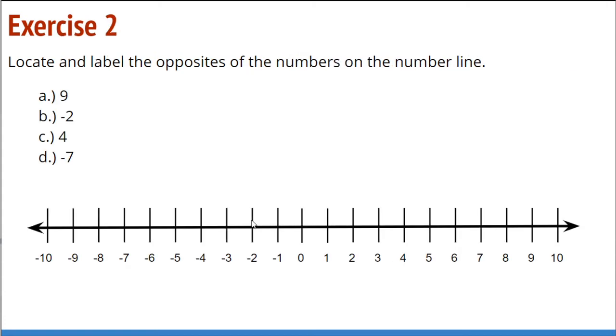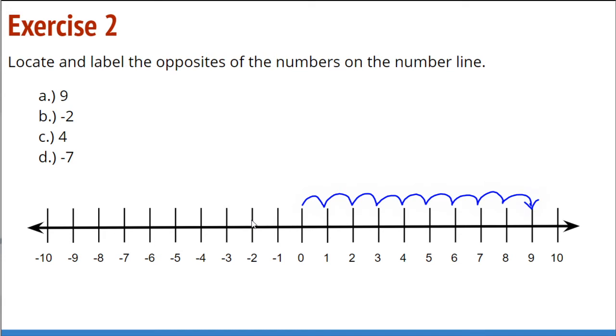So let's take a look at this exercise 2 here. We are going to locate and label the opposites of the numbers on the number line. So the first thing I'm supposed to do is find 9. So I'm going to start at 0. 1, 2, 3, 4, 5, 6, 7, 8, 9. Okay.